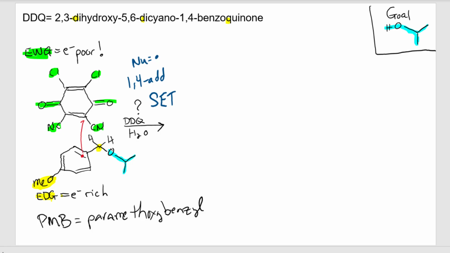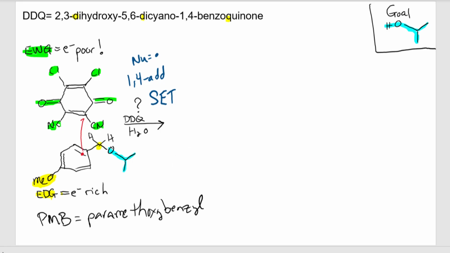So let's just take one molecule at a time. If this one electron moves to the DDQ, that carbon it's moving to already has 8 electrons around it, so it's got to make way. It's going to move its pi bond over and all the way up to the oxygen.